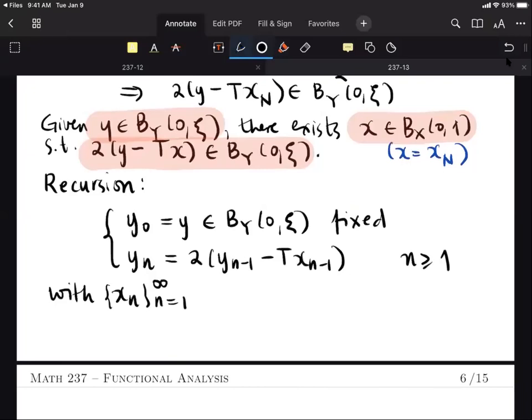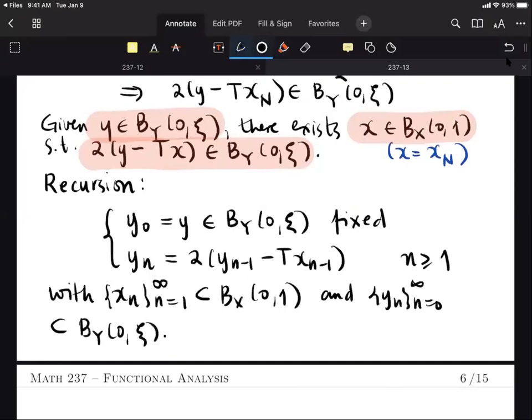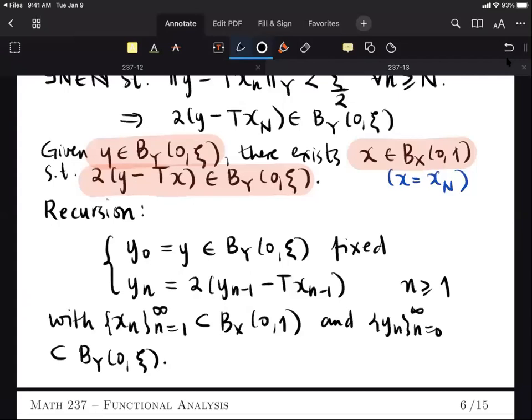This is a subset of the unit ball in x. And this sequence yn, as we know, lies in the ball centered at y with radius c. So you just repeat this process here. You start with y, and then rename that as y naught.